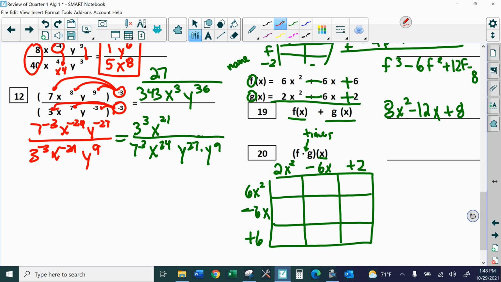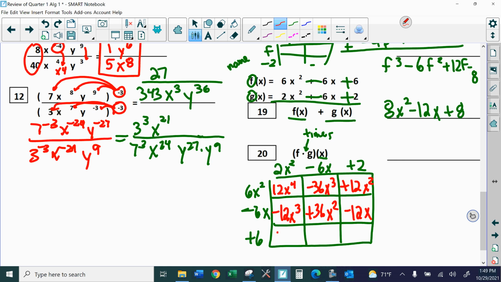Go ahead and multiply your row by column. That gives me 12x to the fourth minus 36x cubed plus 12x squared. Negative 12x cubed plus, because negative times negative, plus 36x squared and minus 12x.